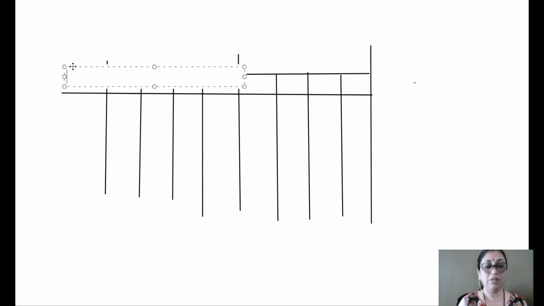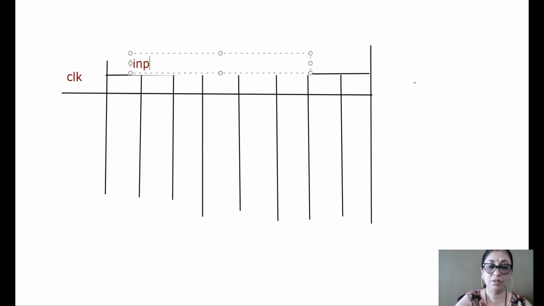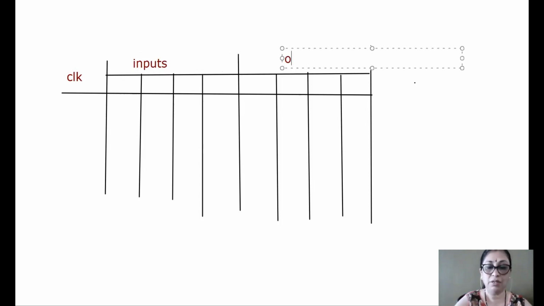So here we can write clock. Here we can write inputs, and here we can write outputs.